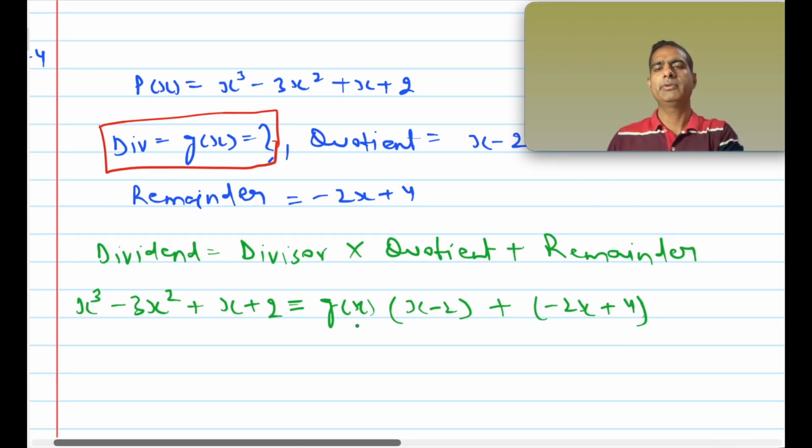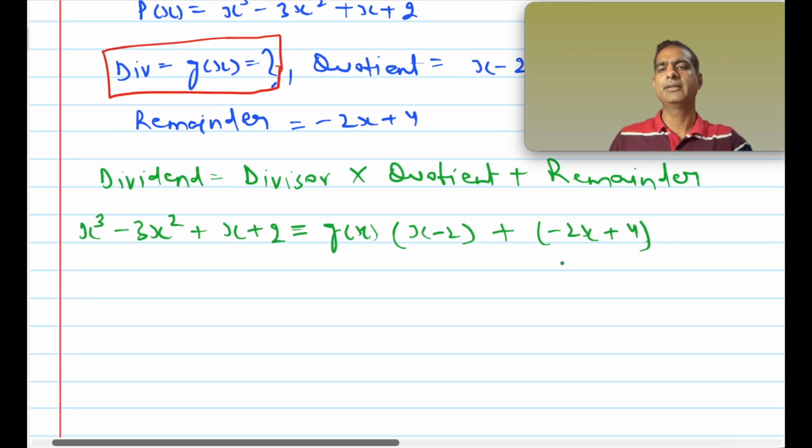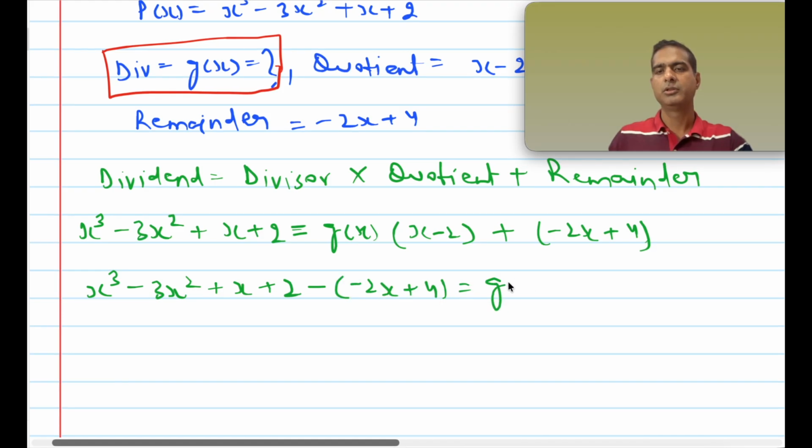So to find out the value of g of x, we will shift everything on the left hand side. First of all, let's shift minus 2x plus 4 to the left hand side. So it will be x cube minus 3x square plus x plus 2, shifting it, plus 2x minus 4, is equal to g of x times x minus 2.